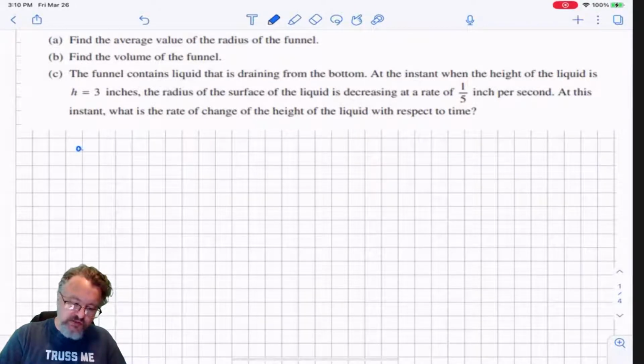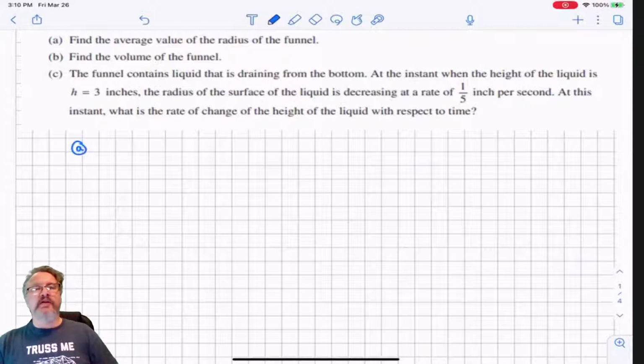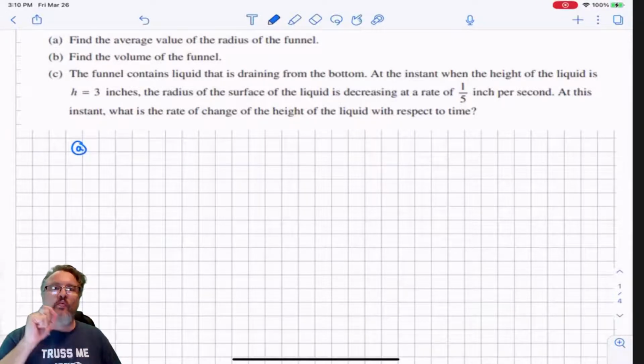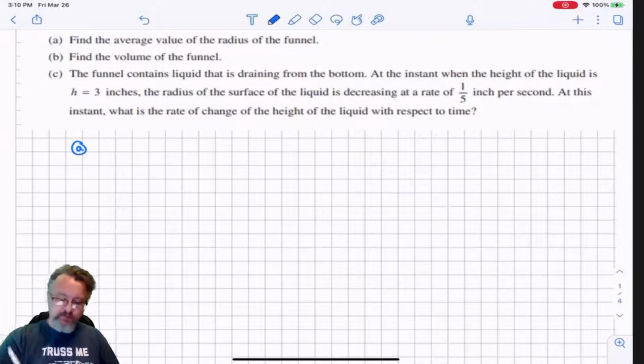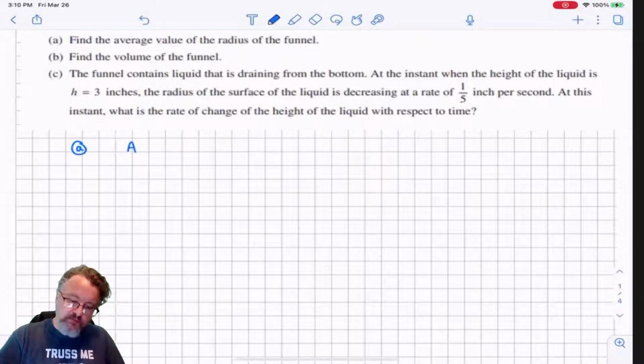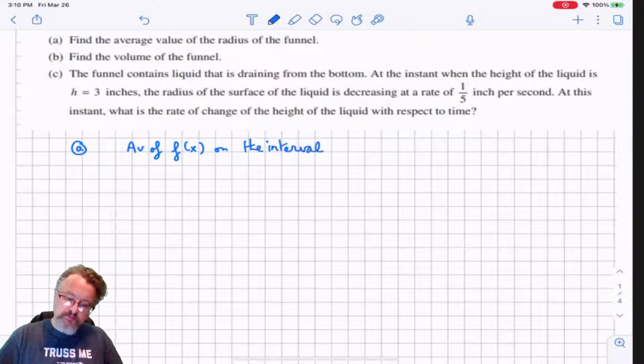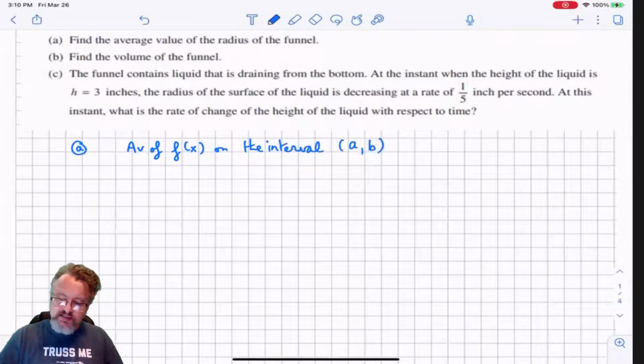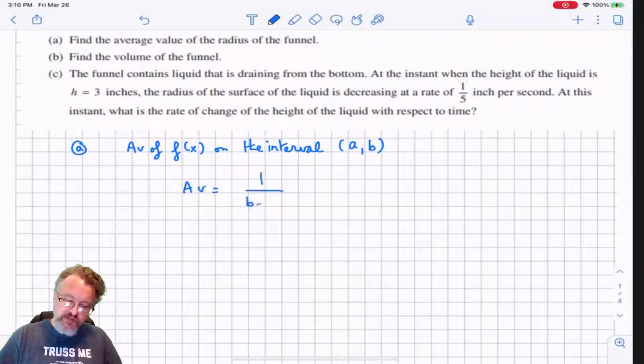Whenever, and I'm serious when I say whenever, I see this, what is the average value of the radius, I'm thinking of this formula. The average value of a function f of x on the interval a b is given by the formula 1 over b minus a times the integral from a to b of f of x dx.